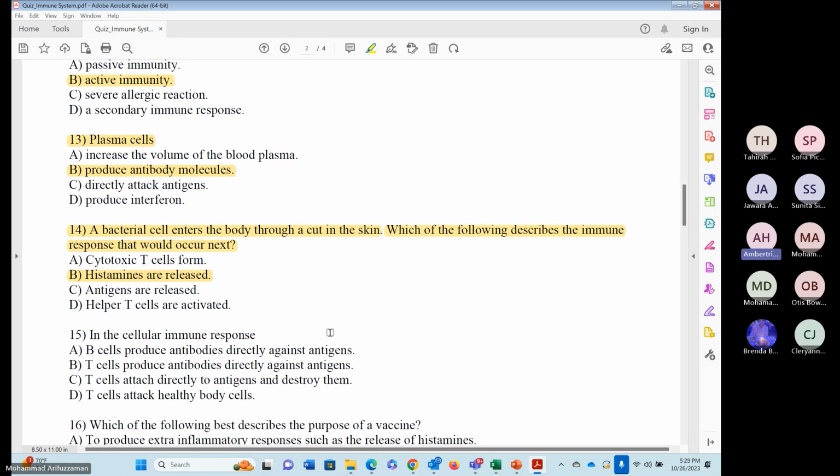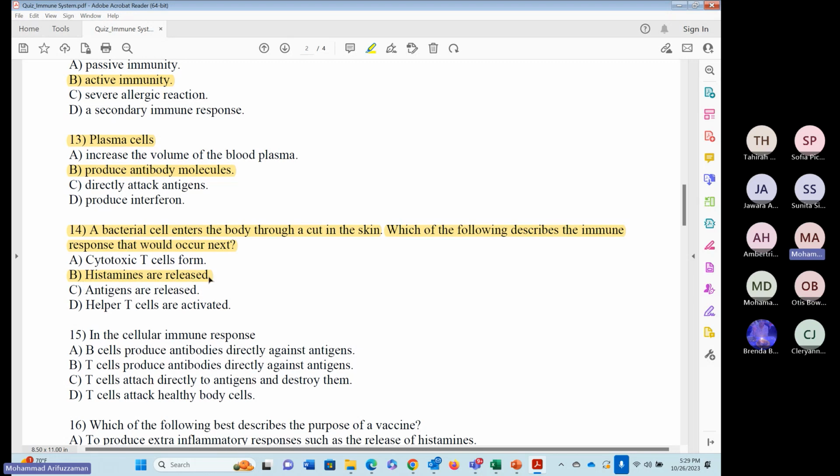Those two important immune cells need activation, so it's a long process, but the immediate action is innate immunity, that is inflammation.